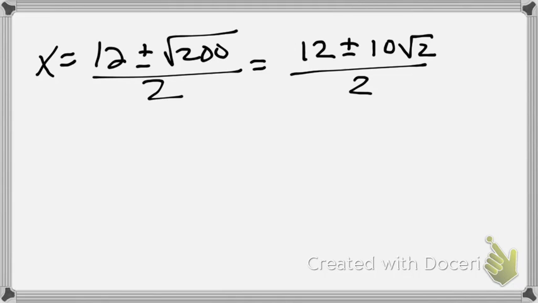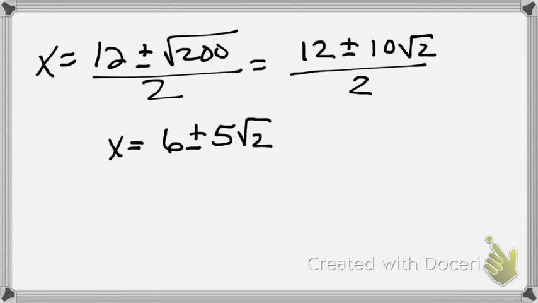No, it's minus b, and our b was negative 12, so it's minus negative 12. Okay. All right, well, the 2 will cancel out with the 12 and the 10. And so x really equals 6 plus or minus 5 root 2, because that 2 will go with both of those pieces.